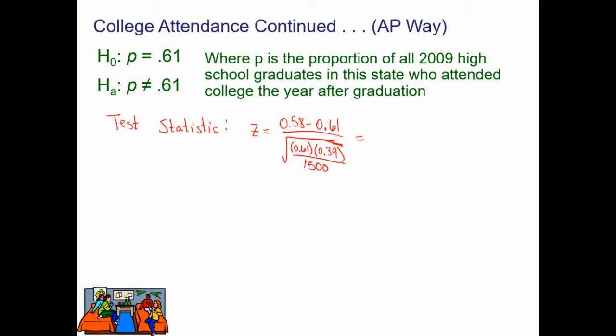Okay, so that's our test statistic. Where did my little mouse go? There it is. Okay, at this point, dual credit, I'm going to put y'all on pause. And I'm going to keep going with the AP way. Okay, so do we at least have the test statistic written down?